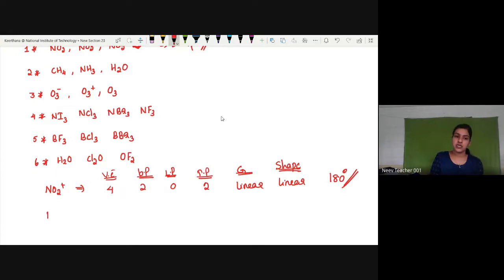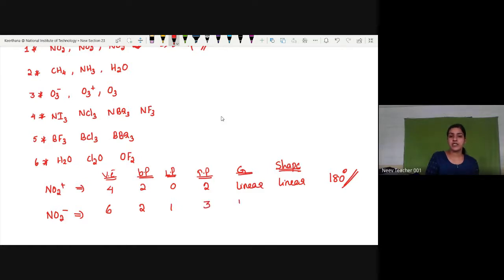The next is NO2 minus. Valence electrons 6, bond pairs 2, lone pairs 1. Like 2 double bonds, 4 electrons used, 2 electrons remaining, which form one pair. And the total pairs are 3.